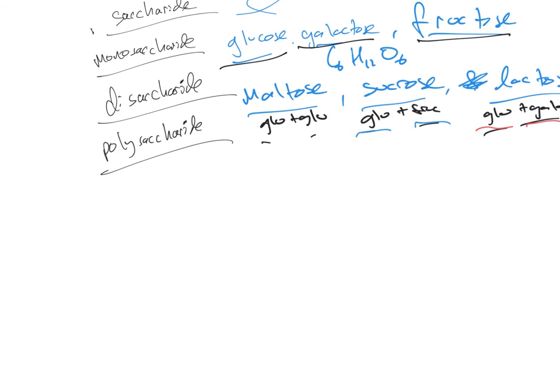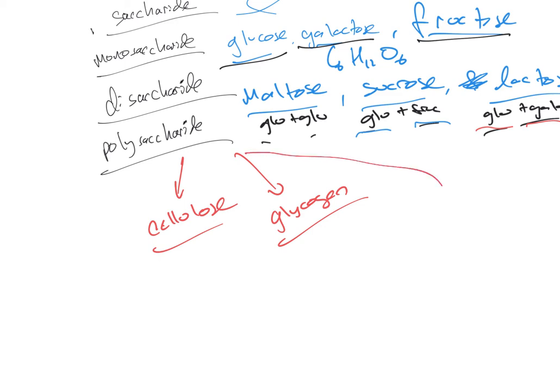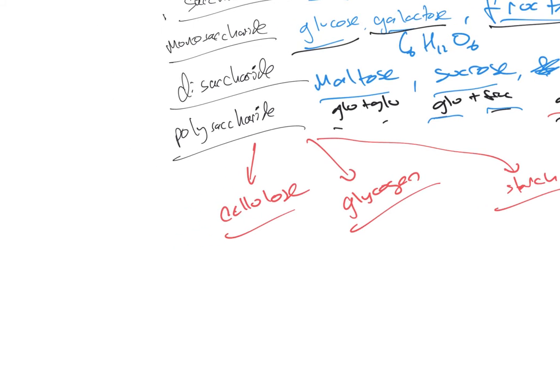Now, the polysaccharides, there is cellulose, there is glycogen, there is starch, and chitin.